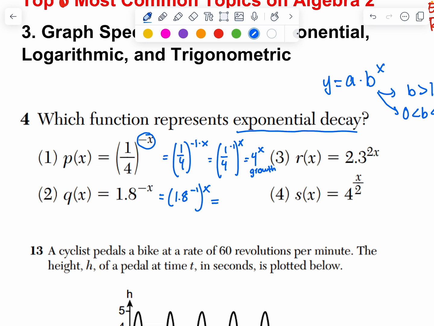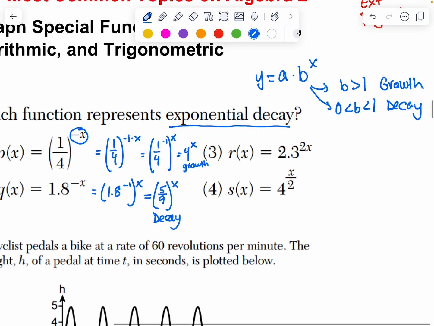That's going to be 0.55555 repeating, aka 5/9, which I got using my calculator. And remember, 5/9 is less than 1 and greater than 0, so this base indicates that it's decay. So I believe we found our answer, but let's double check the other two.